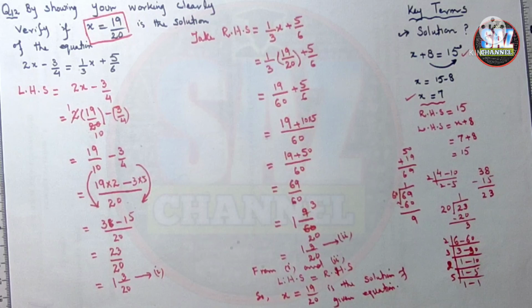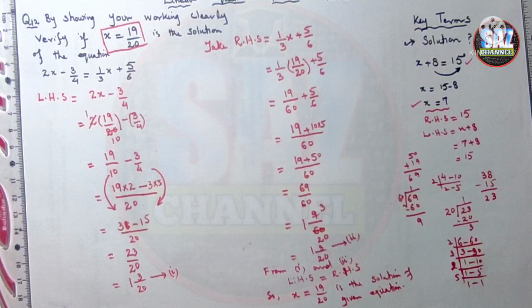If both sides give you the same answer by replacing that value of the variable, then that value will be the solution of that equation. I hope, students, you are really clear about today's class.